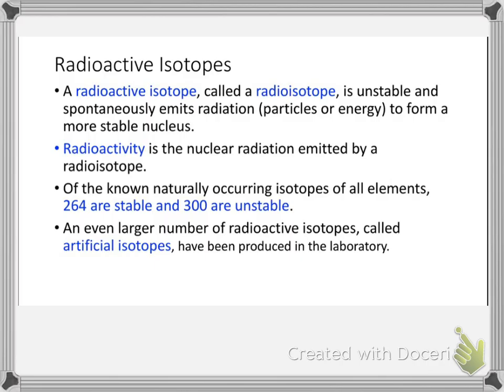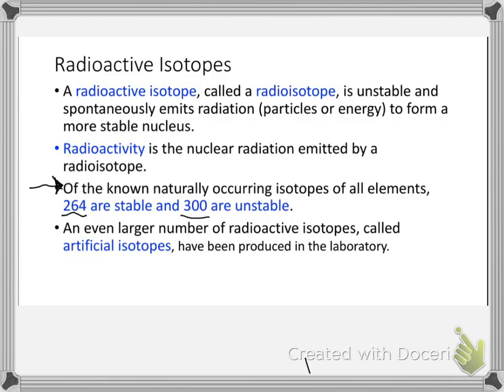We call the radiation that's emitted radioactivity. Now you can look down here, and you don't have to remember the numbers, but you can see that out of all the isotopes, 264 are stable and 300 are unstable.